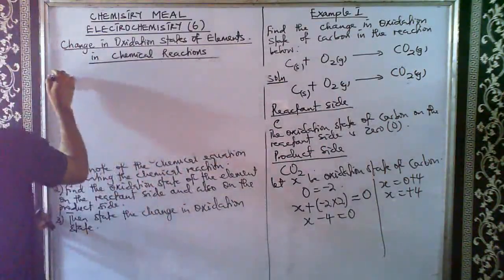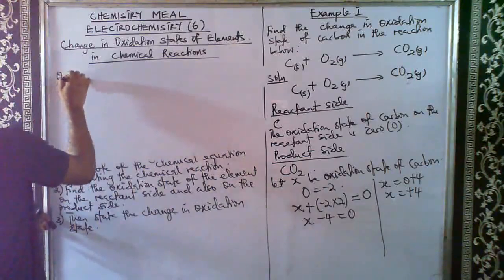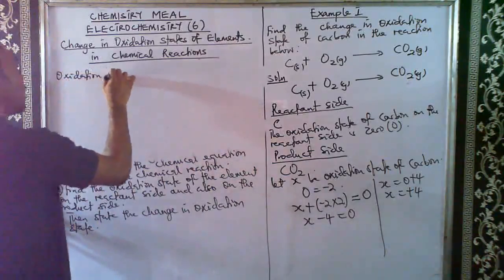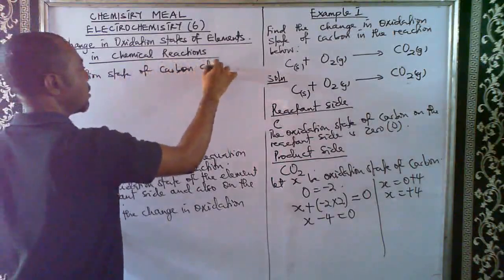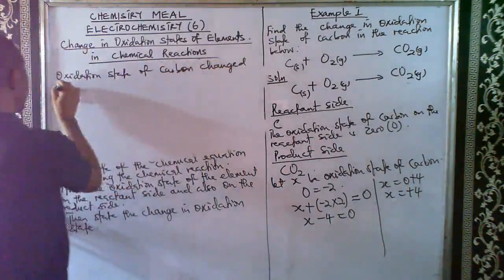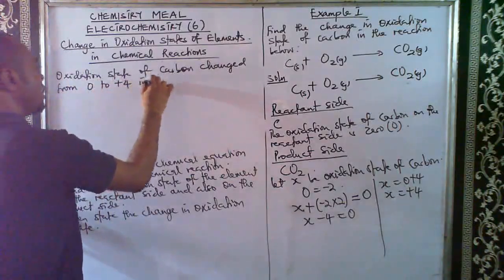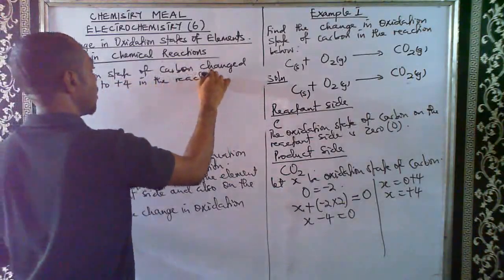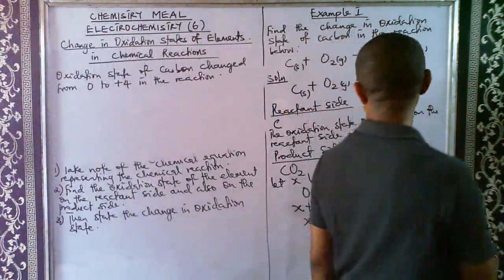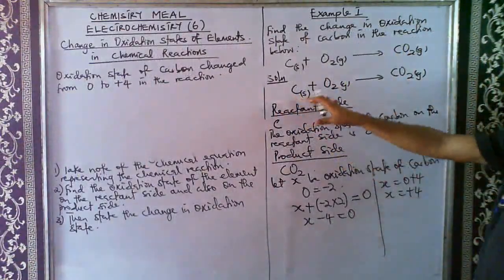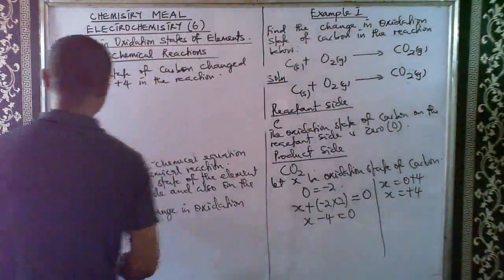The oxidation state of carbon changed from 0 to plus 4 in the reaction. So the change in oxidation state of carbon here is 0 to plus 4. The oxidation state of carbon here is 0, and here is plus 4. Wow. So that's very simple.